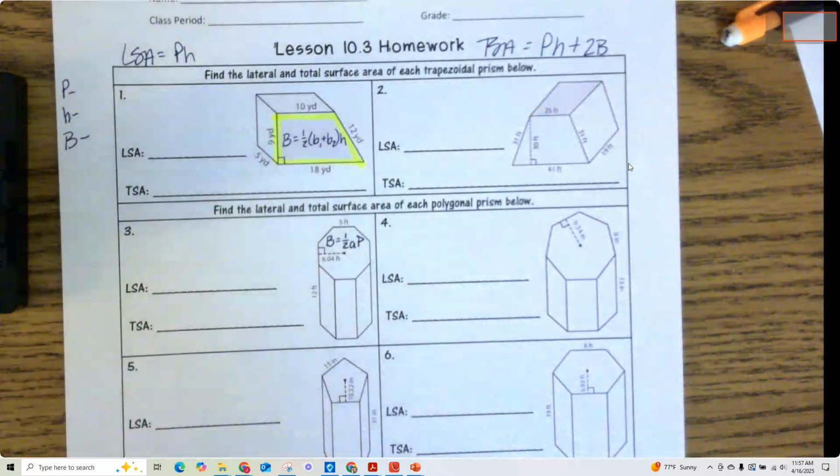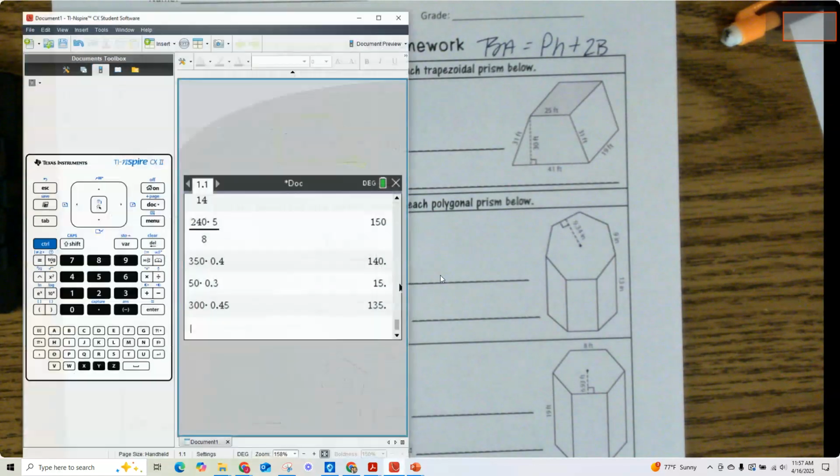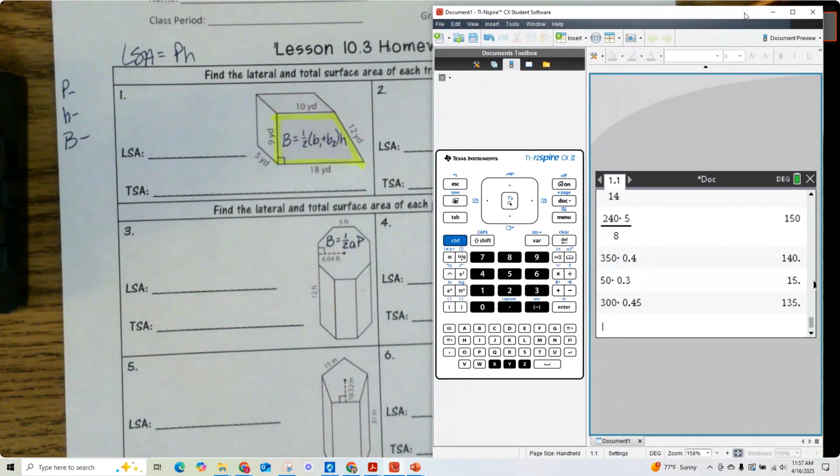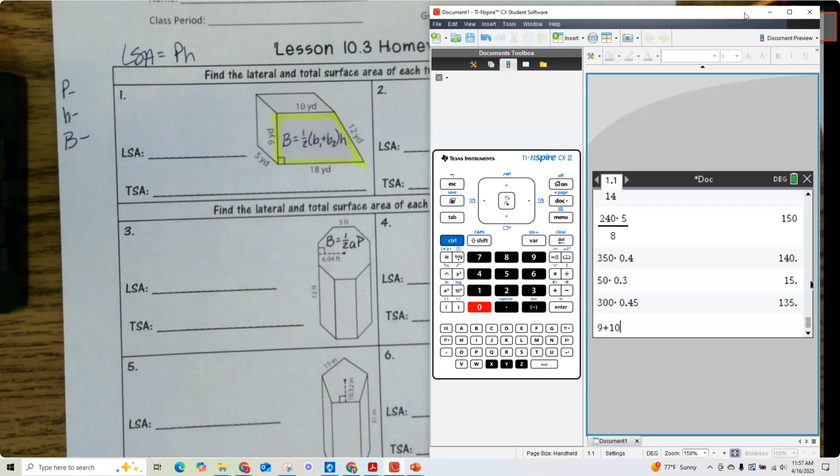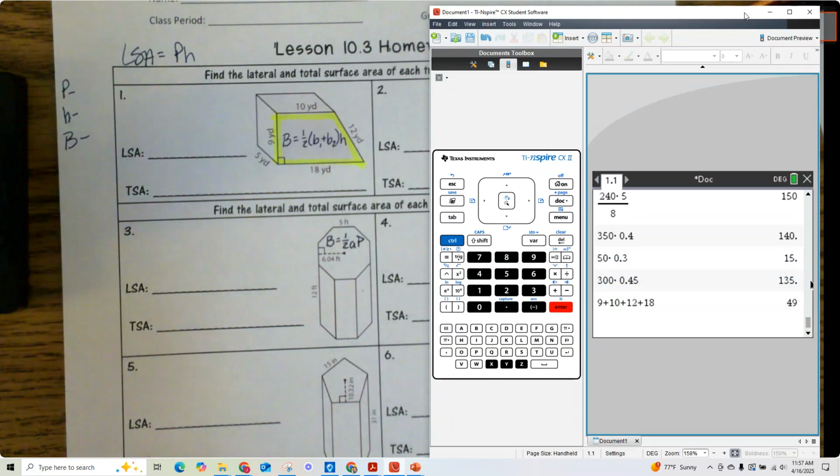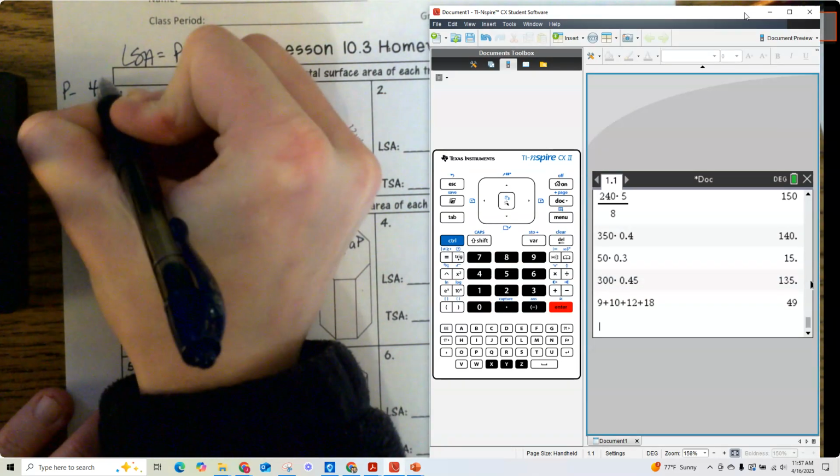So the perimeter of this one, we add all 4 of those sides. So 9 plus 10 plus 12 plus 18 gives me 49.